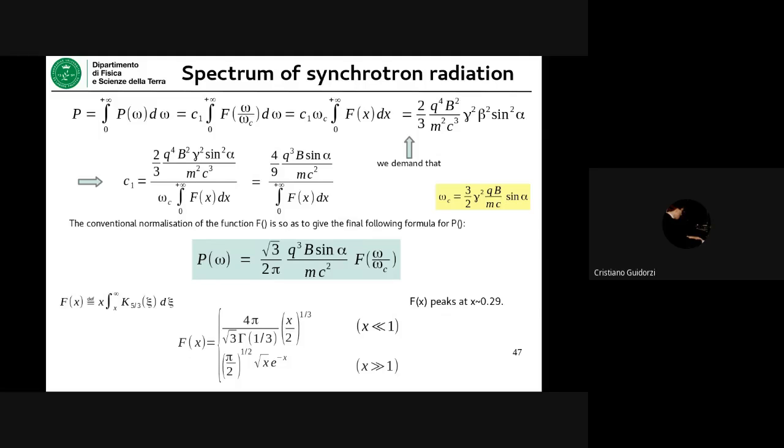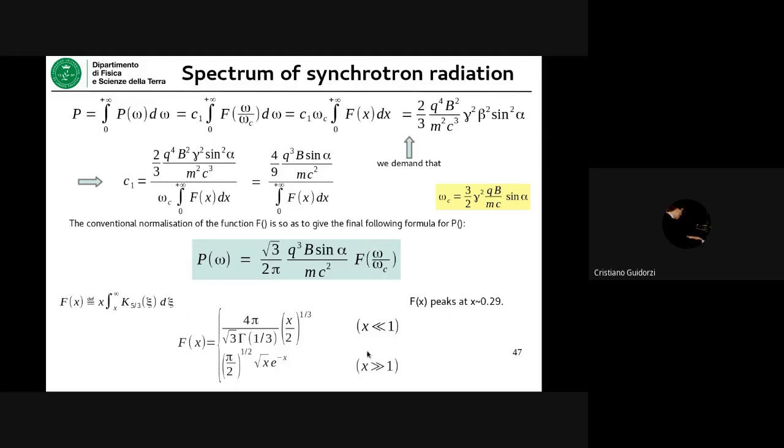In particular, this capital gamma is the gamma function. And look at the dependence on the argument. It scales, when the argument is much smaller than 1, so in terms of frequency, when you are considering the energy emitted at a frequency much lower than the critical frequency, like a power law with an index of 1/3, x to the 1/3.